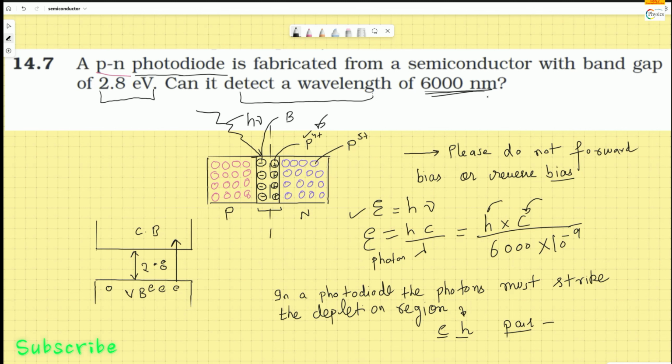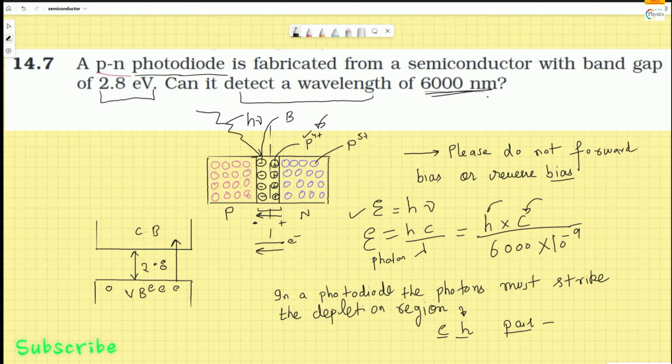It gets created. What happens is the hole automatically, and there is an electric field here, right? So once you have an electric field here, which is from the positive to negative, automatically the holes, which are positive, start moving in this direction, and the electron starts moving in this direction.